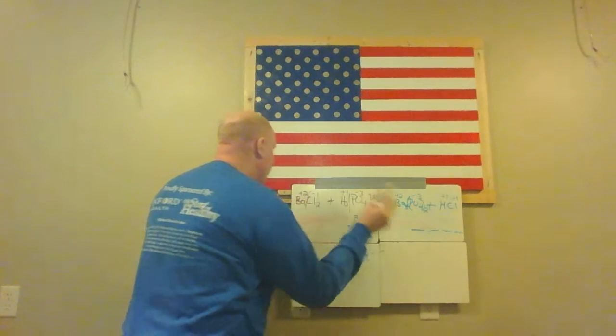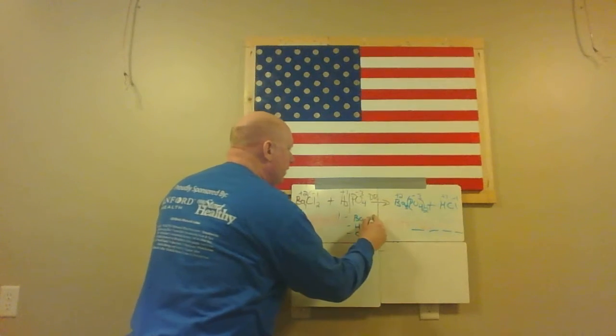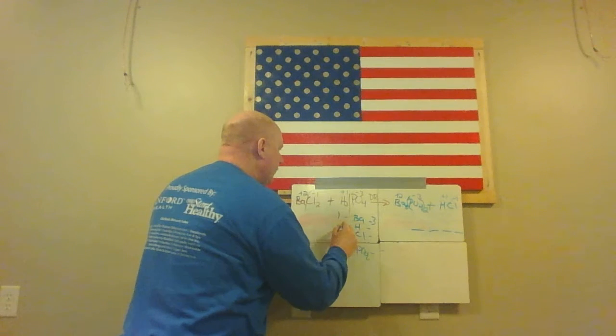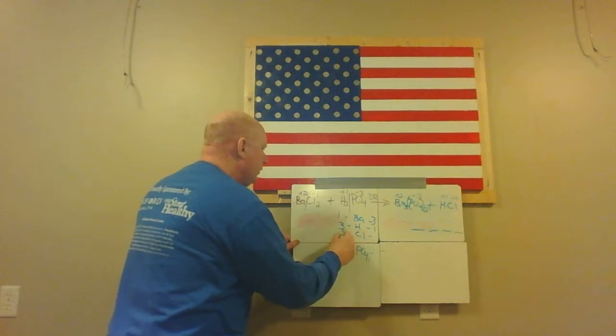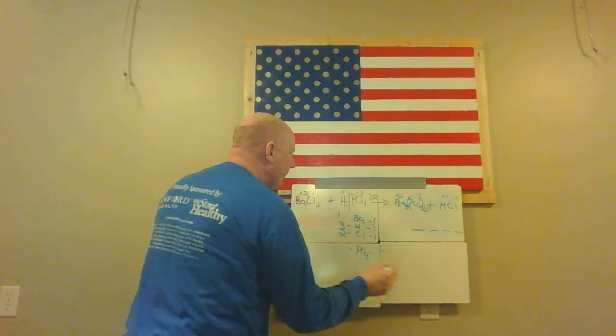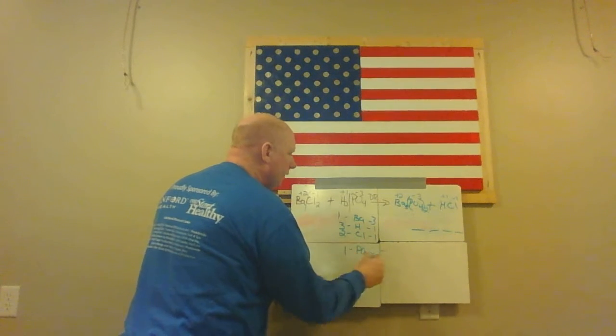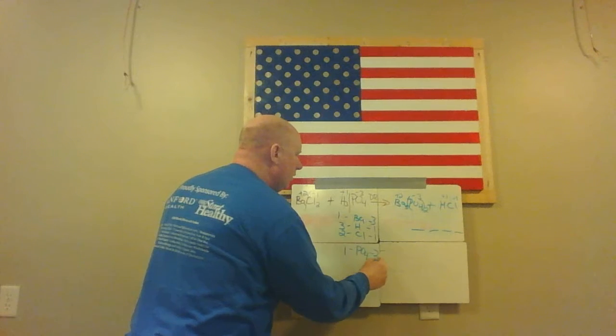Okay, so barium's left is 1, barium's right is 3, hydrogen's left is 3, hydrogen's right is 1, chloride's left is 2, chloride's right is 1, phosphate's left is 1, phosphate's right is 2.